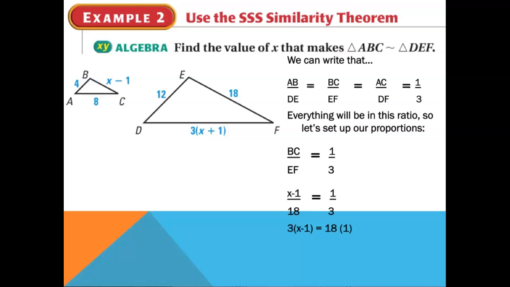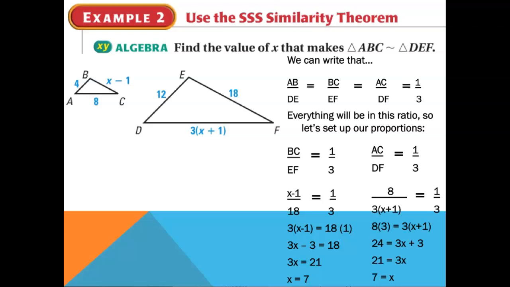Cross multiplying, we have 3 times x minus 1 equals 18 times 1. So 3x minus 3 equals 18, and 3x equals 21, so x is equal to 7. Now if you wanted to, you could have used AC and DF instead of BC and EF and get the same answer.